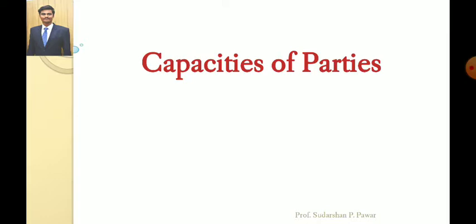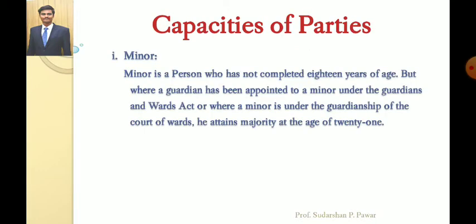The second is a person who is not of sound mind, and the third is a person who is disqualified by any other law to which he is subject. We are going to discuss the capacities of parties under this definition. The first one is minor.